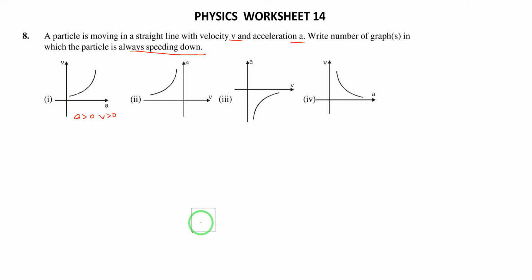In this case v is negative but a is positive, so this will be the answer. Here also a is negative and v positive, so this is also one in which speed is decreasing. And the fourth one has a positive, v positive, and therefore speed is increasing. So the answer to this will be 2 and 3.